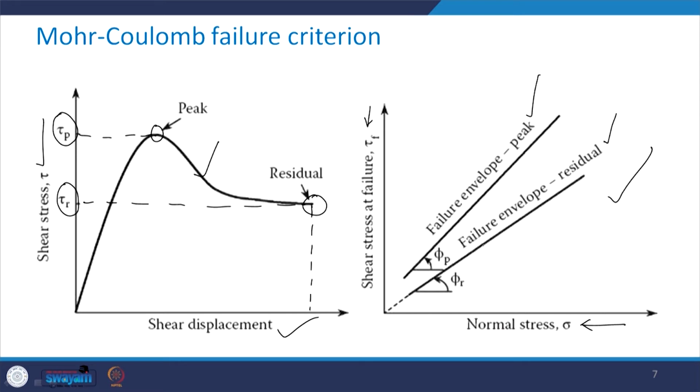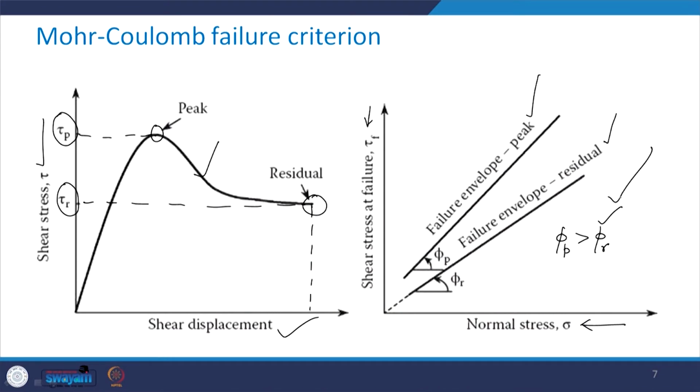You can see here that phi p is greater than phi r. This means that the frictional characteristic corresponding to the peak condition is more than the friction angle corresponding to the residual condition.